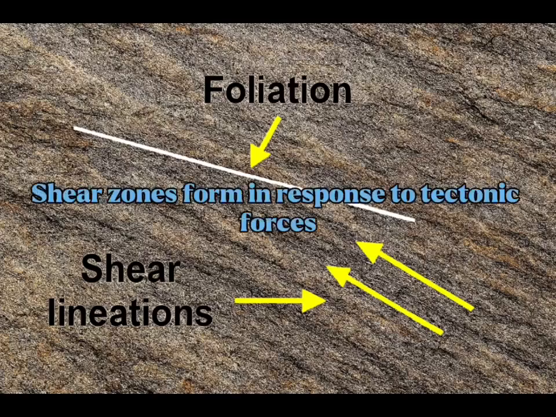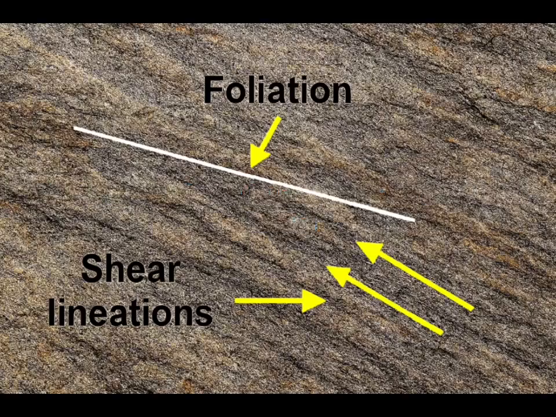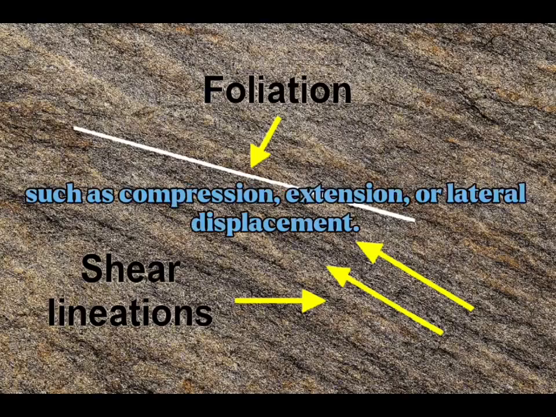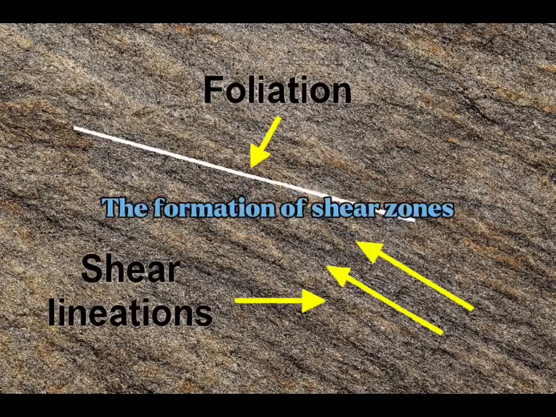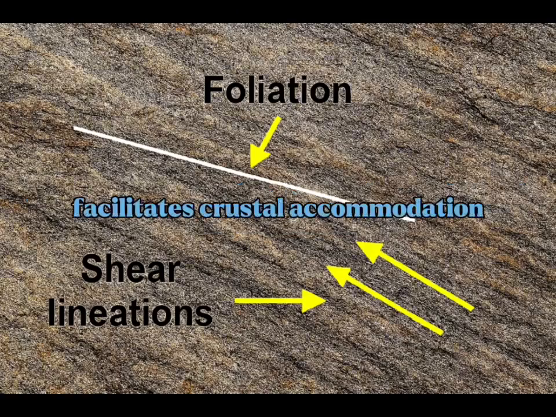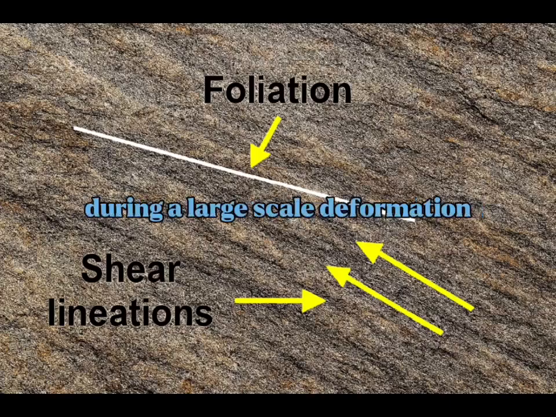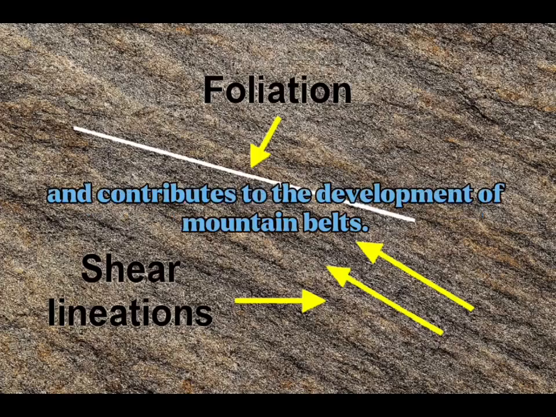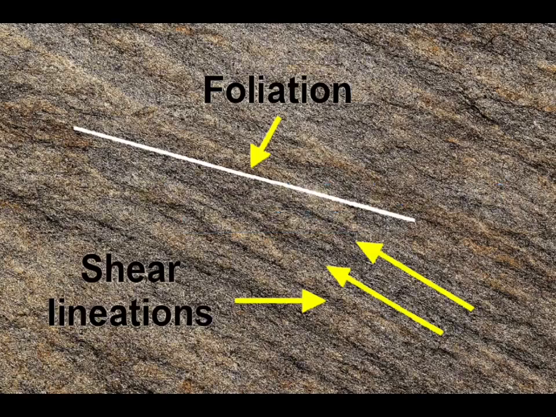Shear zones form in response to tectonic forces such as compression, extension, or lateral displacement. The formation of shear zones facilitates crustal accommodation during large-scale deformation and contributes to the development of mountain belts.